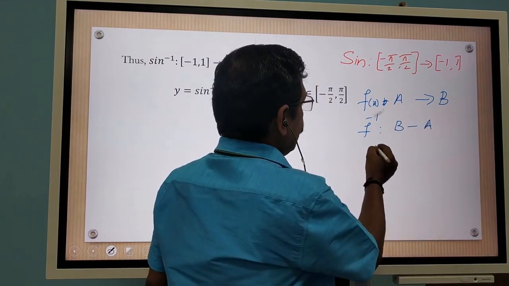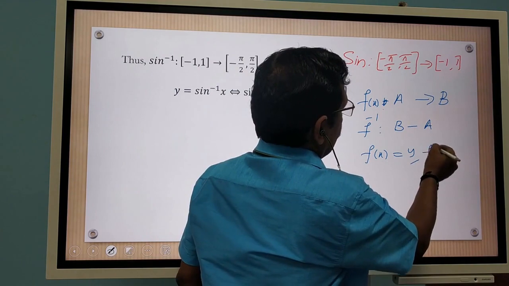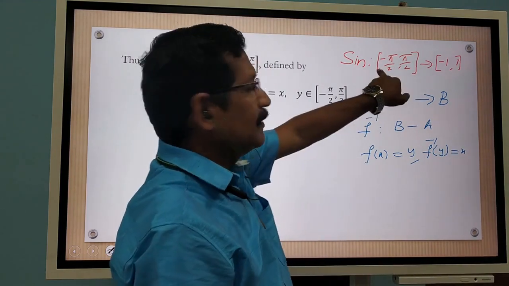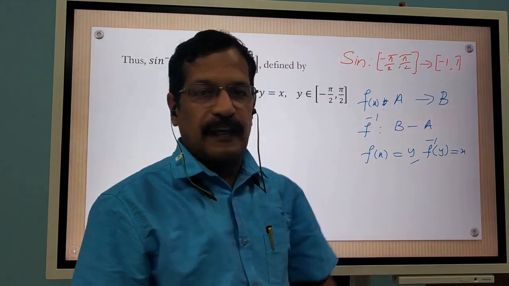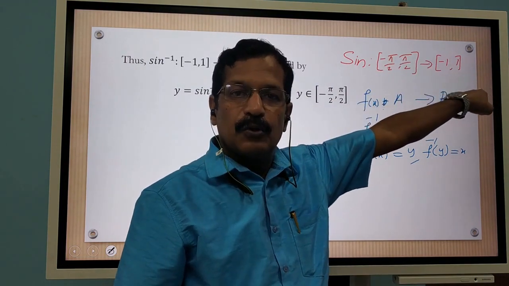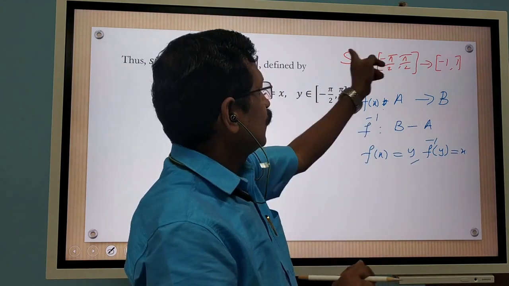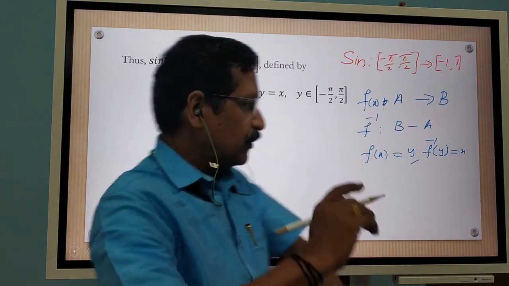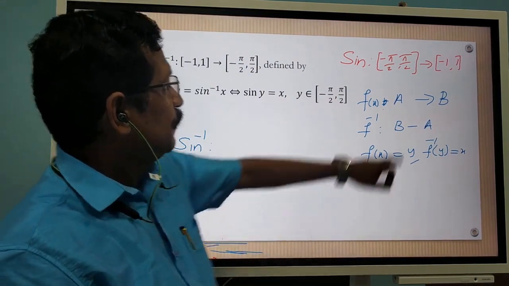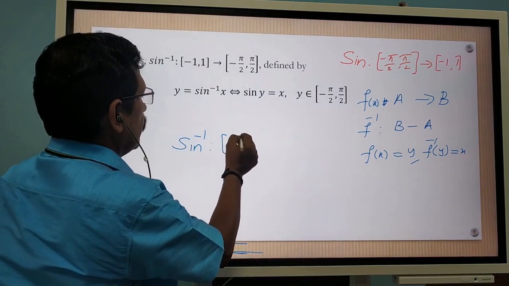And if f of x is equal to y, we write f inverse of y is equal to x. The same thing holds for the sine function also. So sine is from [-π/2, π/2] to the closed interval [-1, 1]. So if f is the function, we take f inverse; sine is the function here, so we take sine inverse. Sine inverse should be from [-1, 1] to [-π/2, π/2].